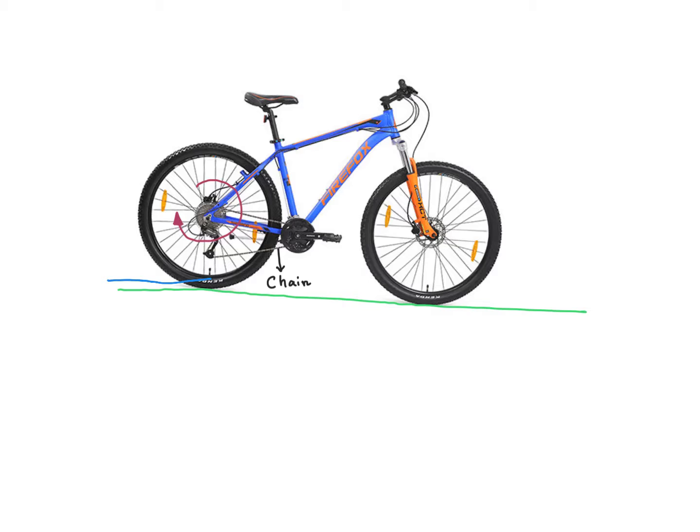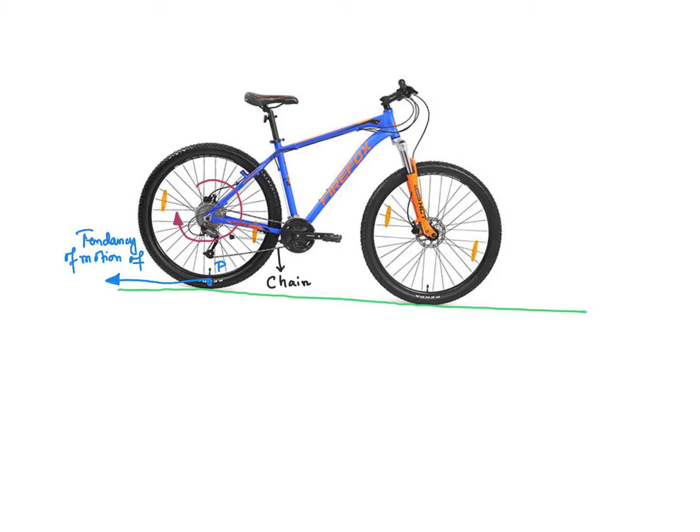This direction, right? So this is towards the left in this diagram. So this is the tendency of motion of the rear wheel, I mean this point P of the rear wheel, the point in contact with the ground.